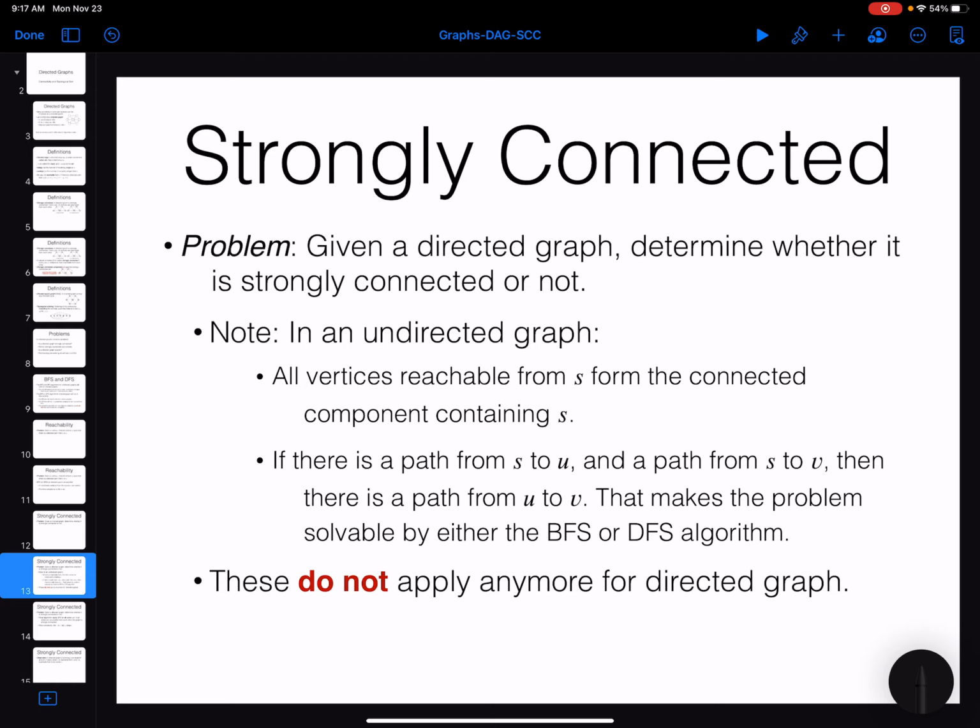If at the end all the nodes are visited, you would say that the graph is connected. If some of the nodes are not visited, you would say that the graph is not connected. So just one BFS or DFS would be enough. But here, because your graph has directed edges, we cannot solve the problem this way.